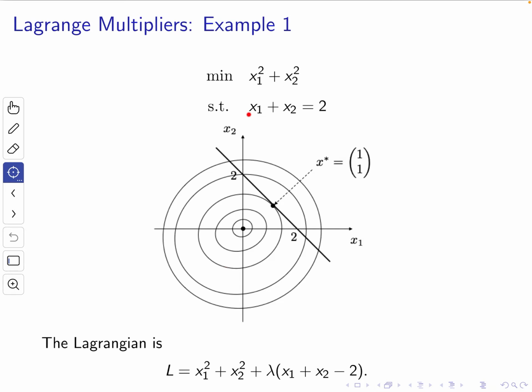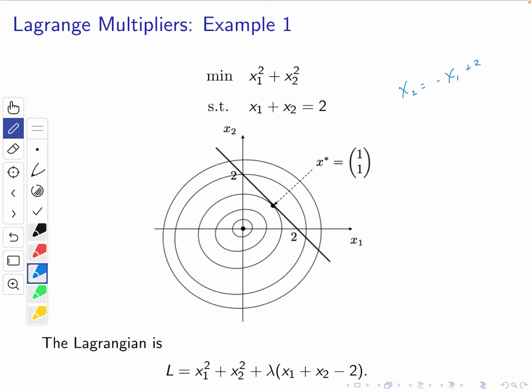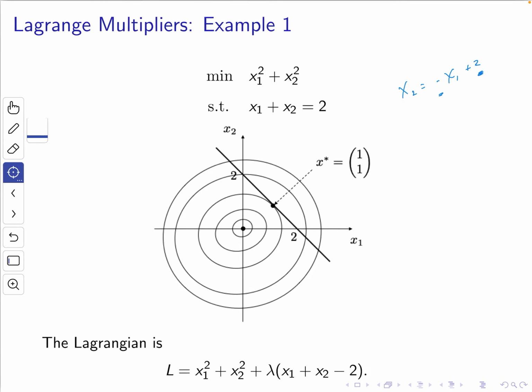Now, x1 plus x2, what is that? You could think of this as a line. x2 is equal to minus x1 plus 2. So it has a y-intercept of 2 and a slope of minus 1. Here's the y-intercept of 2, or x2-intercept, I guess, and a slope of minus 1.